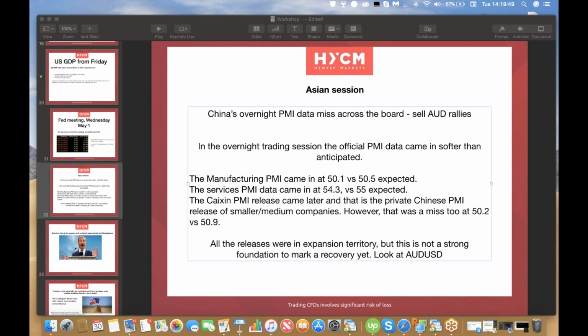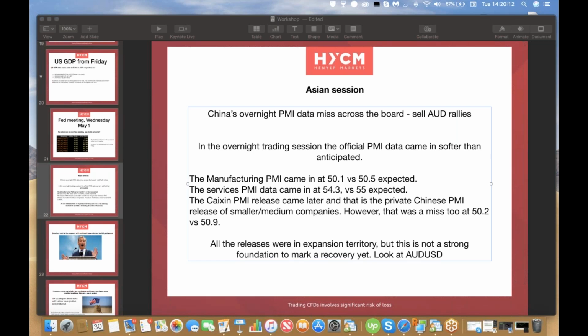It's the Australian dollar. Because about 30% of Australia's GDP is made up from its export to China. So when the Chinese economy is struggling, the Australian dollar is going to struggle. When the Chinese economy is booming, the Australian dollar is going to benefit.